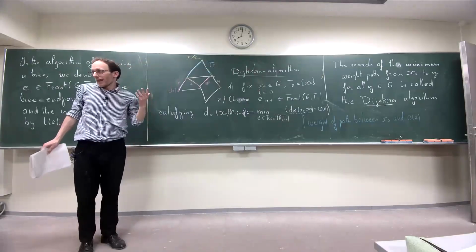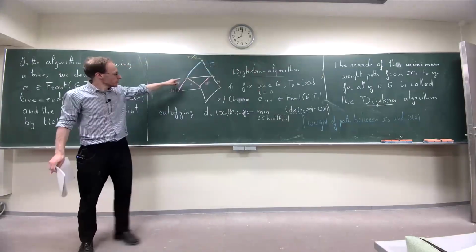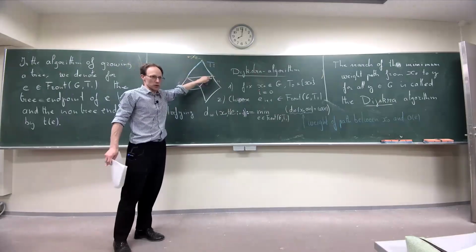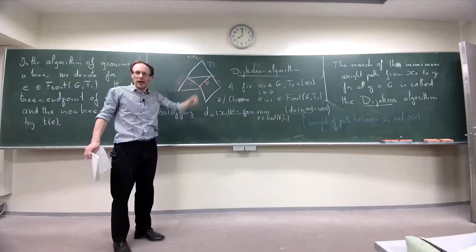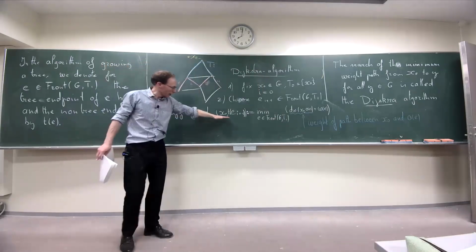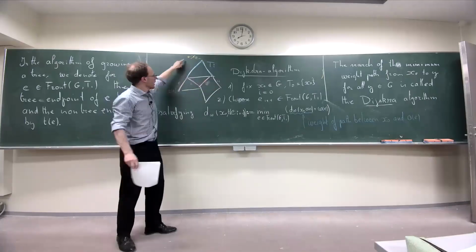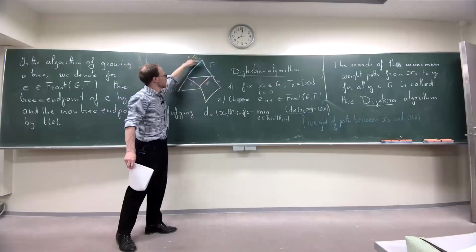So I cannot tell you the solution now because I don't know the weighted distance between x0 and these two points. But if you do the algorithm iteratively, you have computed this at the previous step. So you have now the weighted distance between x0 and this point.